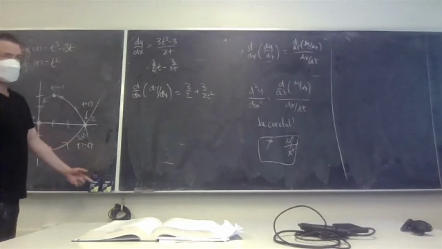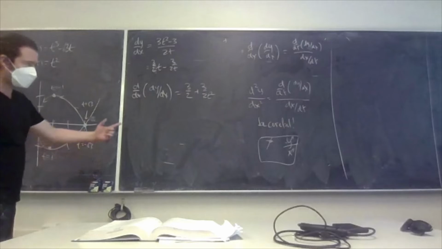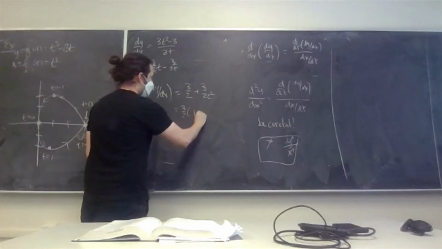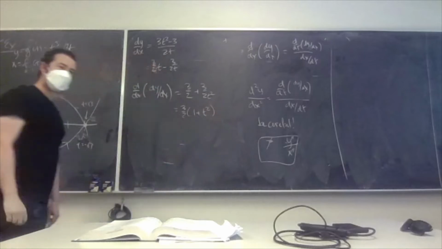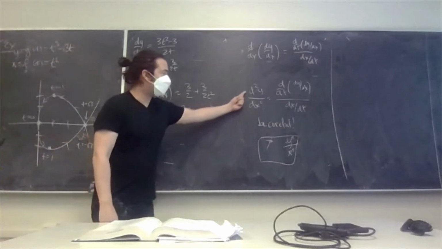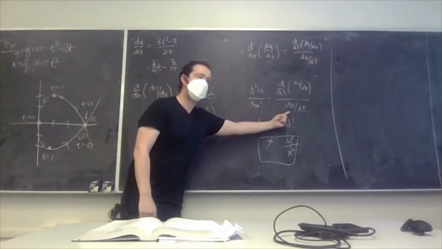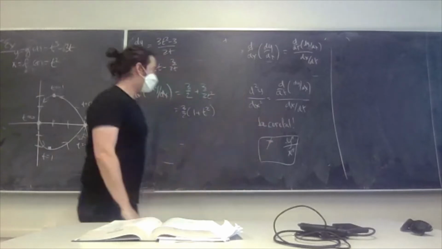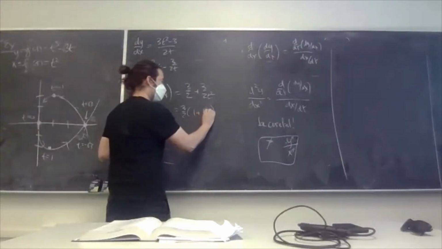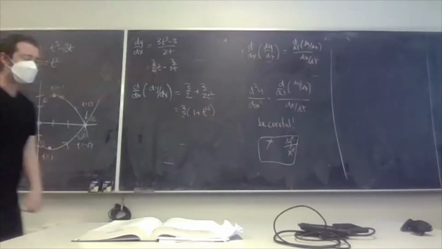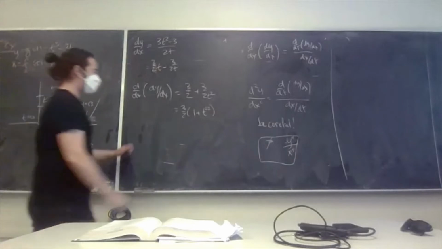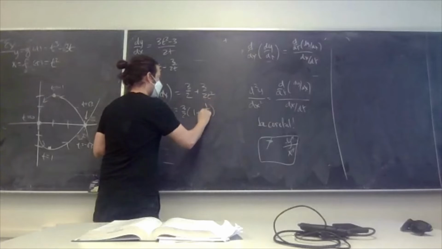Make sure you check me to make sure I don't make mistakes on this stuff. I think that's right. You can think of this as also being 3 halves times 1 plus t squared. But if I'm going to compute the second derivative in terms of y and x, I need to divide that by dx. I guess there's no reason not to just leave it that way.